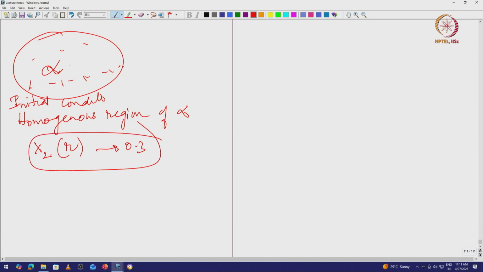So, wherever I see in this alpha, x2 is 0.3. I can call x2 some kind of an order parameter.